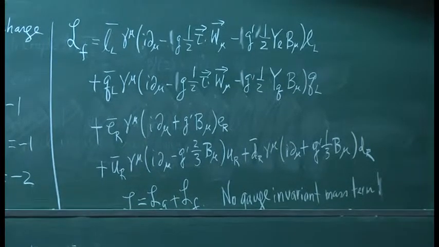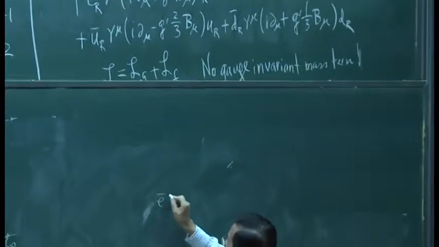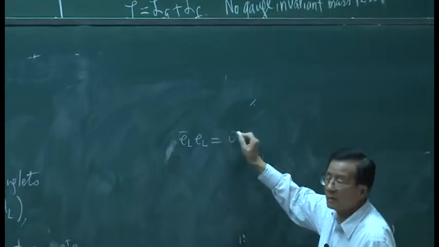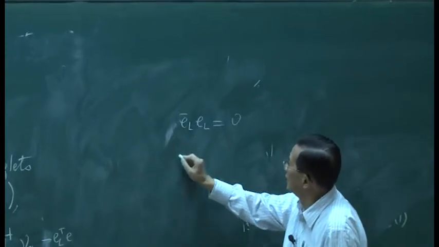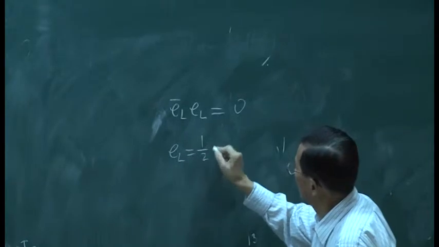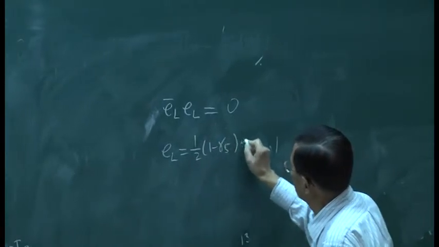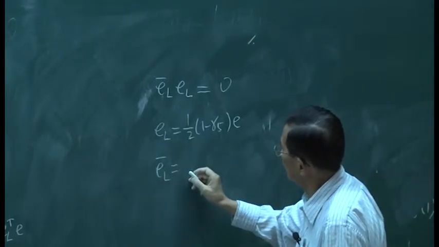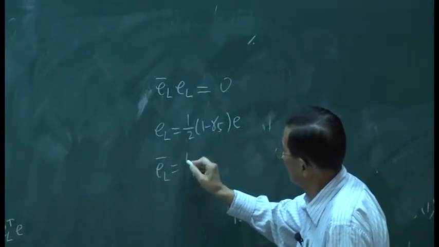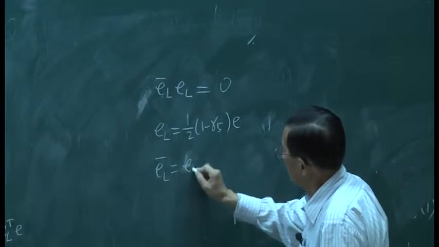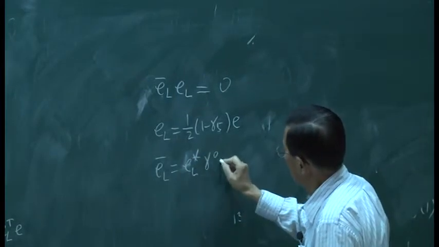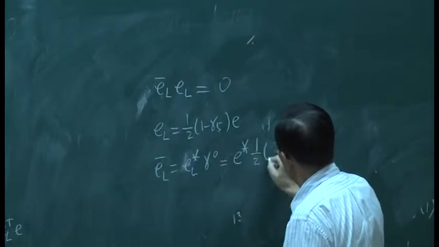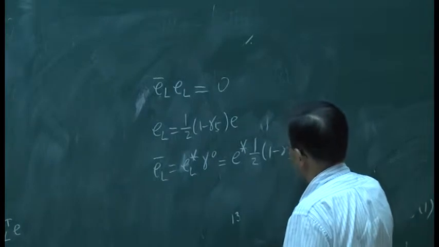Well, first of all, you might want to write something like this, but this is 0, right? Because EL equal to 1/2 (1 minus gamma 5) E, and this is equal to this. And that is equal to E here 1/2 (1 minus gamma 5) gamma 0.